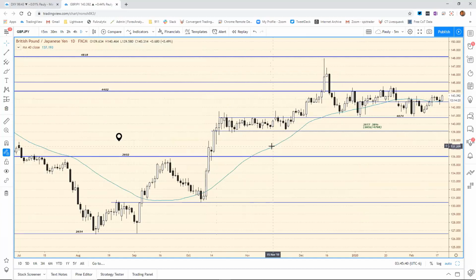Same here with the guppy. This has been stagnant overall, but certainly if the yen does weaken, we can really start to move higher. That would come in right now for resistance at 44.02.